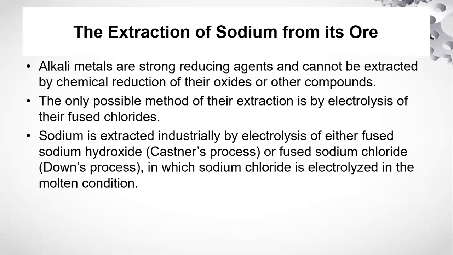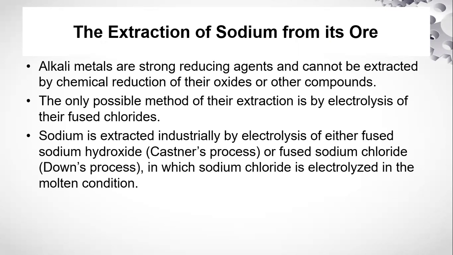Now, we have to know that the alkali metals are strong reducing agents, so they cannot be extracted by chemical reduction of the oxides or other compounds. The only possible method of extraction is by the electrolysis of their fused chlorides.